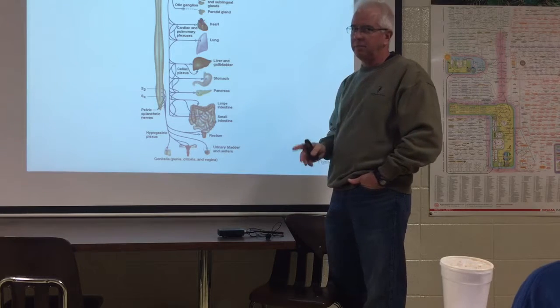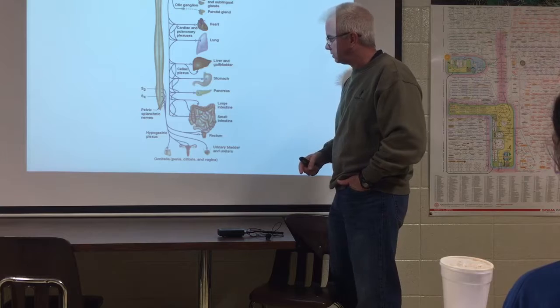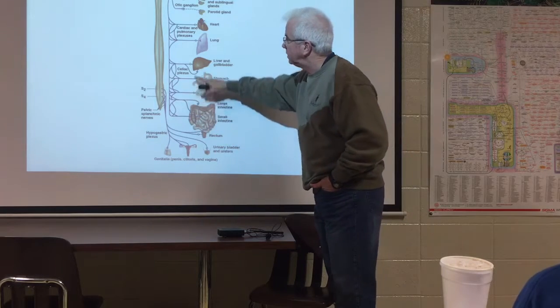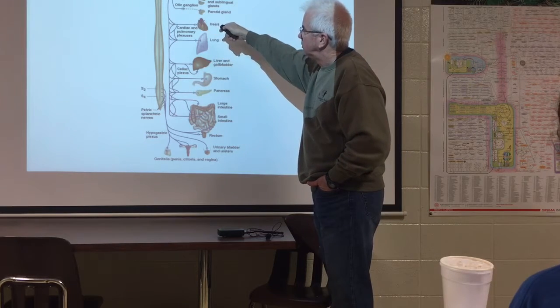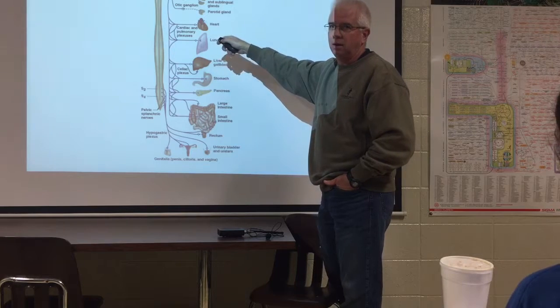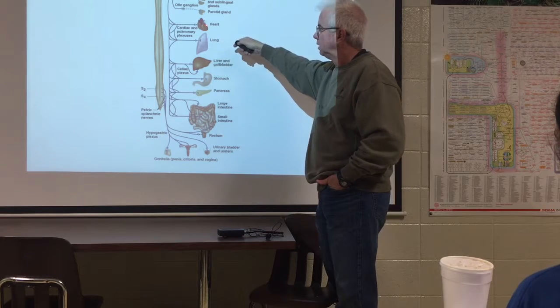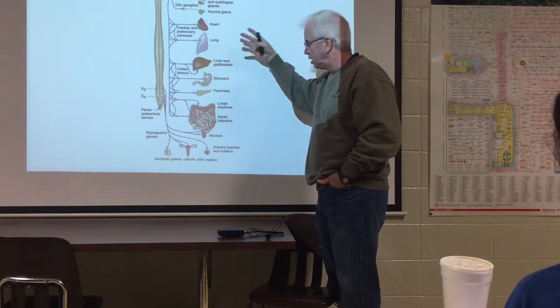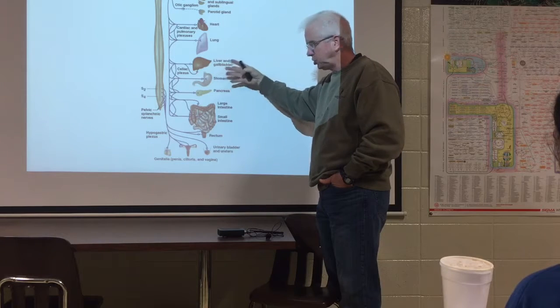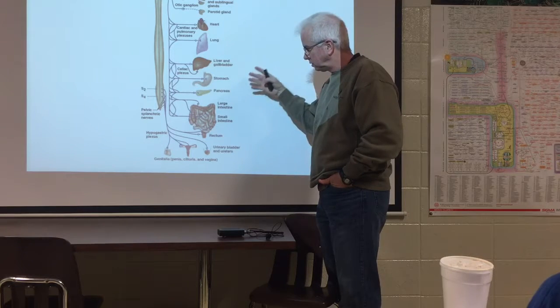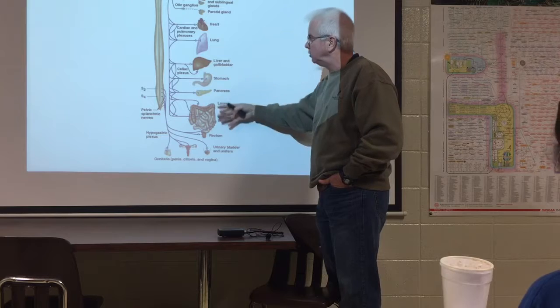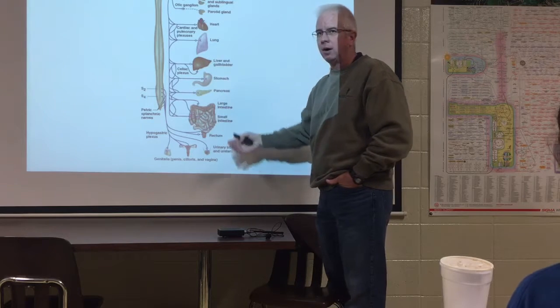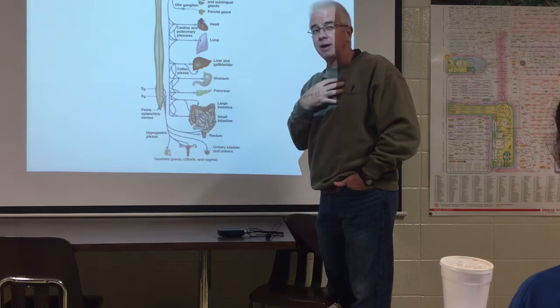I'll make a little bit bigger deal about it when we get to the blood vessels. But you can see that most of the stuff that we think about for autonomics, heart, lung, glands, digestion, hormones, most of this stuff in the thoracic and abdominal body cavity that we think about as being autonomic.